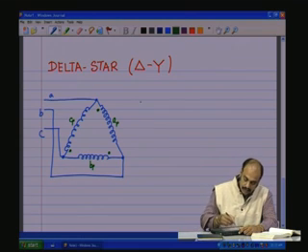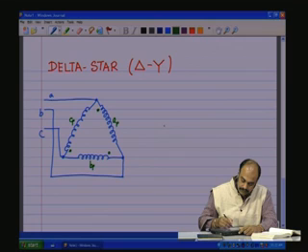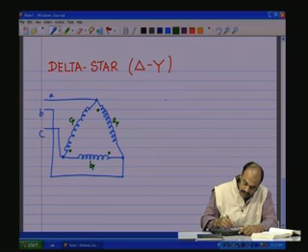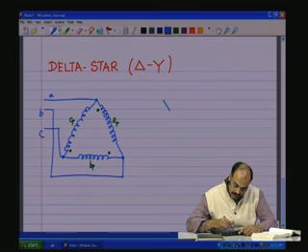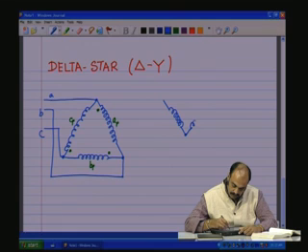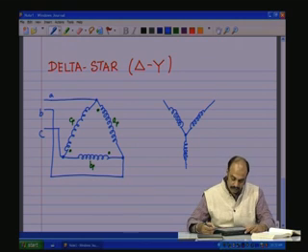Now, the secondary is connected in star fashion, like this.